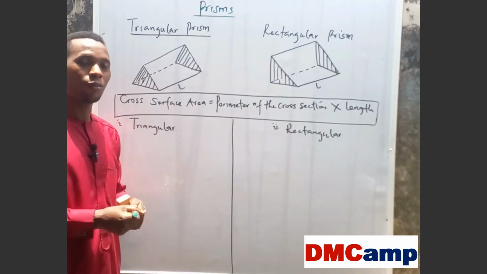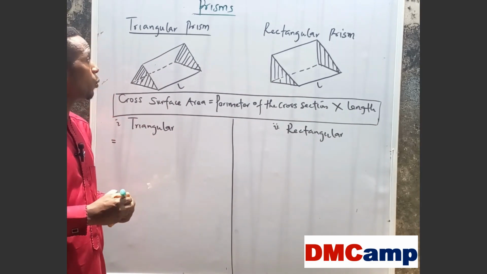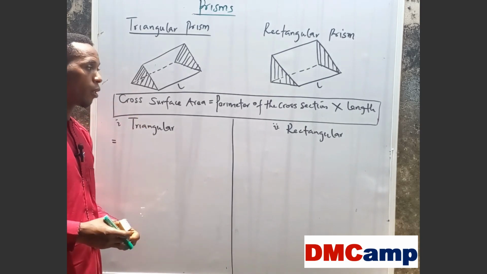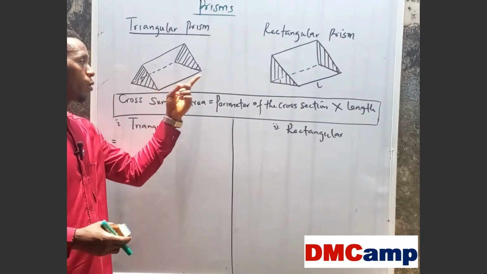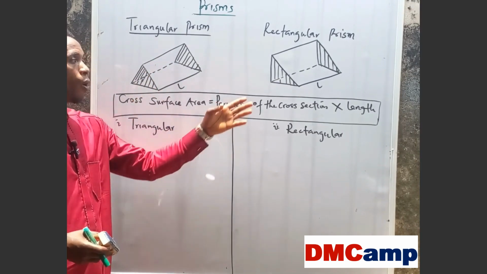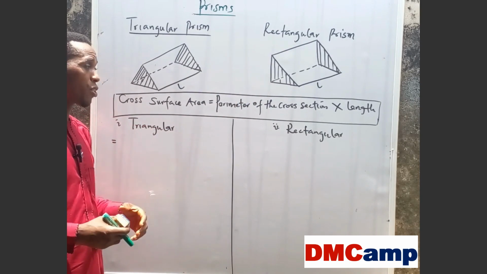Okay, thank you. Let's see how to derive the cross surface area of the prisms, whether it is triangular or rectangular prism.